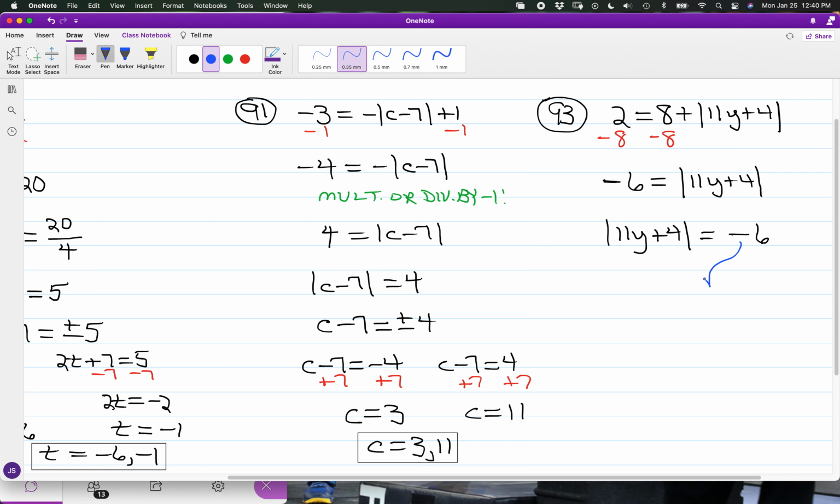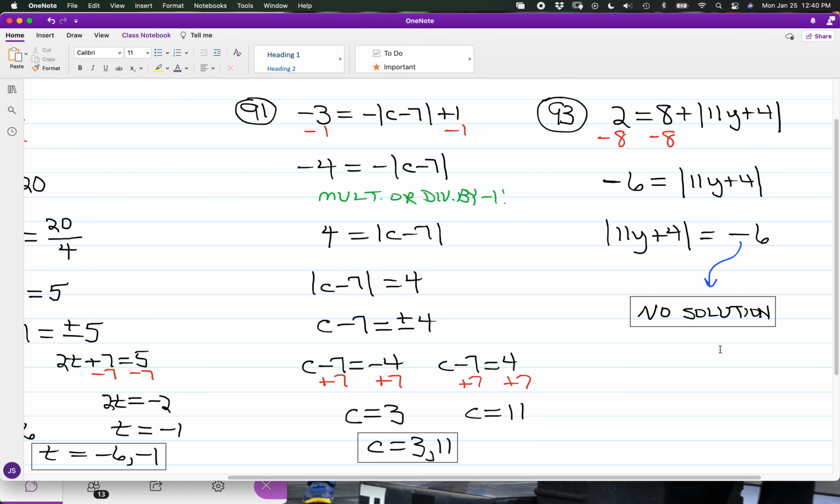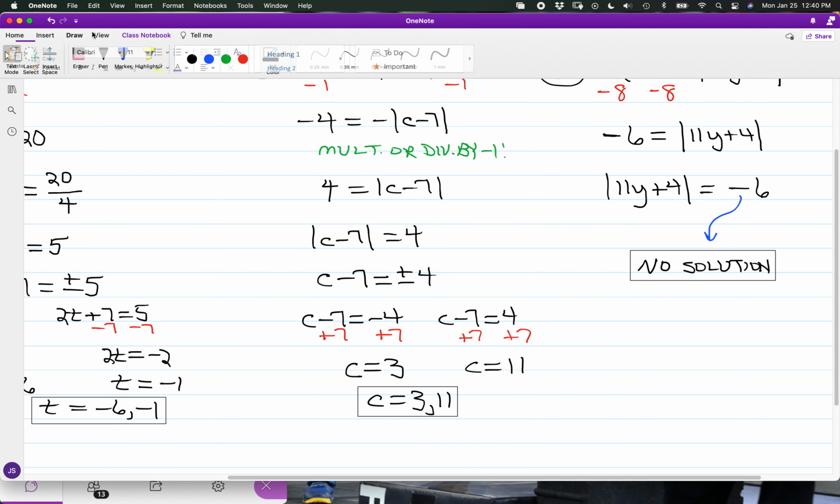Because the number by itself, away from the absolute value term, is a negative, automatically we have no solution. If I had 6 instead, I would be able to solve for y. But since we cannot have an absolute value reduce to a negative constant, we have no solution.